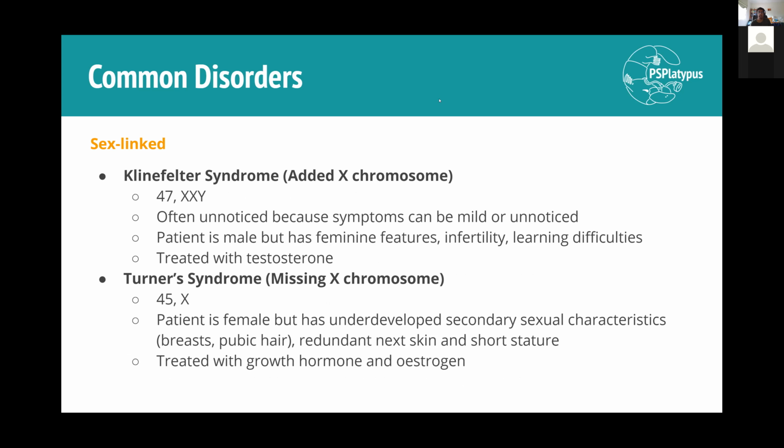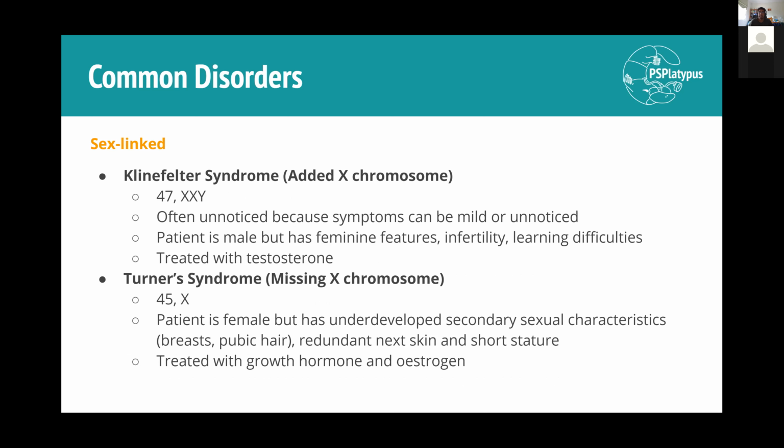All right, so we have a few sex-linked disorders. So basically, these are ones that affect the sex chromosomes, whereas the previous ones only affected the autosomal chromosomes, the other ones. So Klinefelter syndrome is when we have a male with an added X chromosome. And this one often goes under the radar, so people might not realize they have Klinefelter syndrome until quite late.